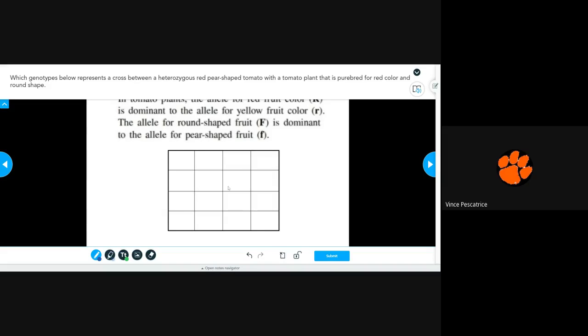So we don't actually have to sit there and do the cross. We're looking for what the box would look like, not what would actually show up inside of it. In order for it to be heterozygous, you're going to have one dominant and one recessive allele.